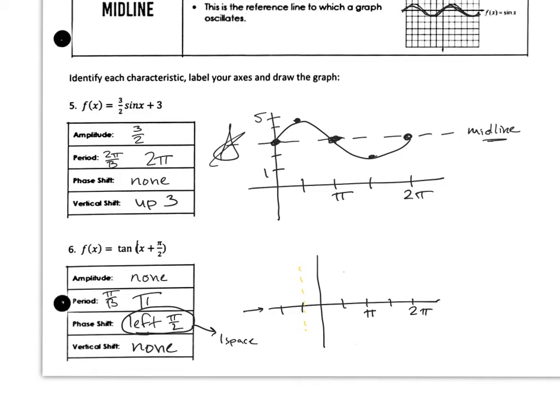It's not always one space, but on this graph, pi over 2 is right here. It is one space. So normally, I have this little yellow line. That's where the tangent would normally start. Well, I have to move it left pi over 2, which is one space. So now my asymptote is going to be right here. It goes asymptote, 0, asymptote, 0, asymptote. And you draw it in.